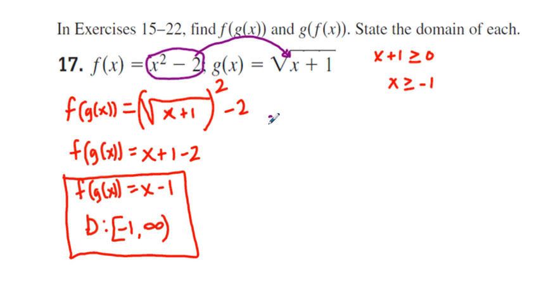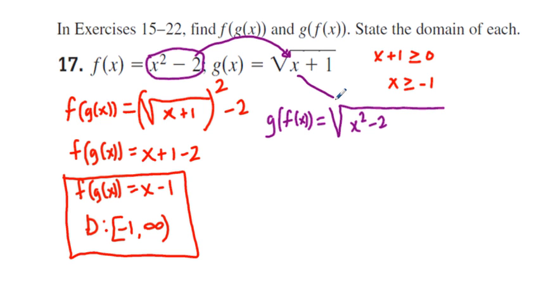So we have g of f of x is equal to the square root of, and we're replacing this x here with x squared minus 2.